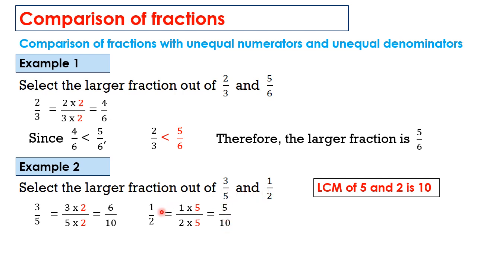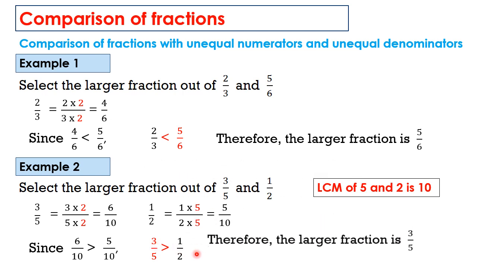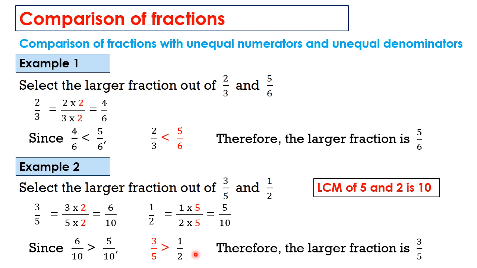Now both fractions are converted into the denominator ten. Here 6/10, here 5/10. Since 6/10 is greater than 5/10, the first one is greater than the second fraction. Therefore, the larger fraction is 3/5 among the given two fractions.